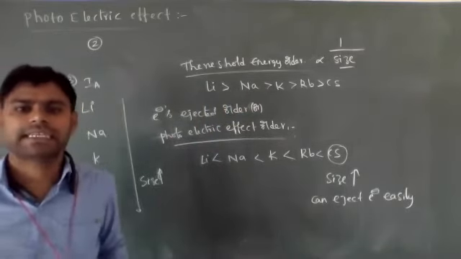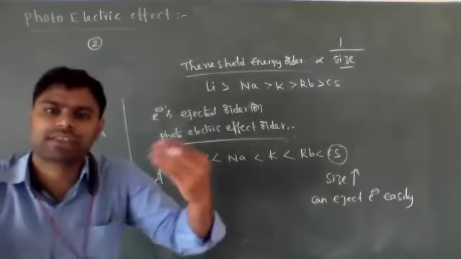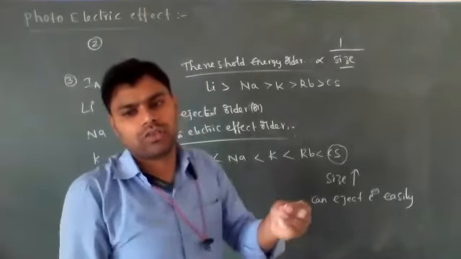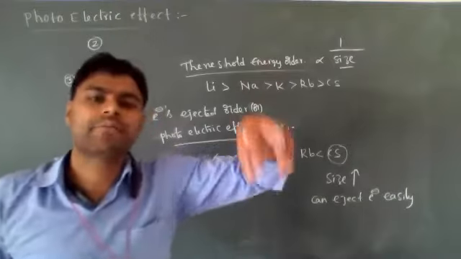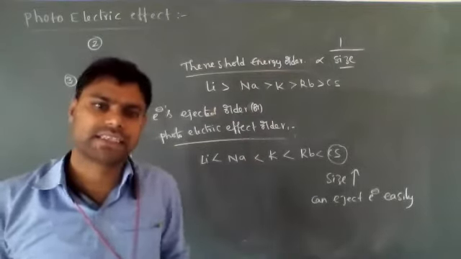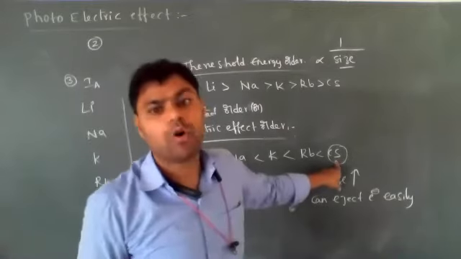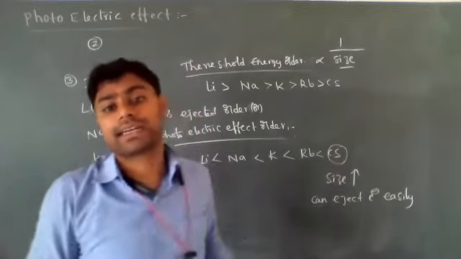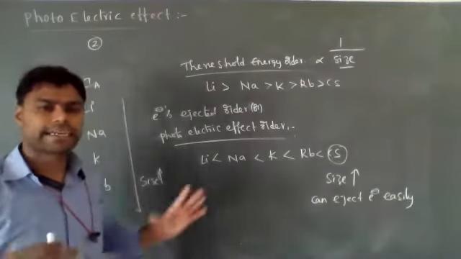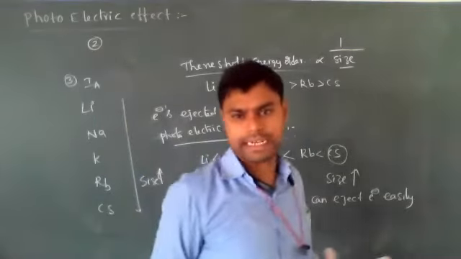Those with lower threshold energy can eject electrons very easily. For removal of electrons, the minimum frequency or lower energy is sufficient. That's why they show the photoelectric effect more easily. These are the main important points related to objective exams from the photoelectric effect.